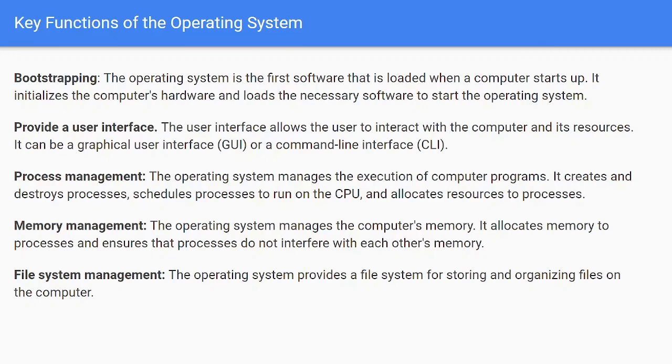Then we have file system management. The operating system provides a file system for storing and organizing files on the computer. Obviously, when you are using your computer, you need to store some of your files: your video files, your text files, your picture files, and the rest.